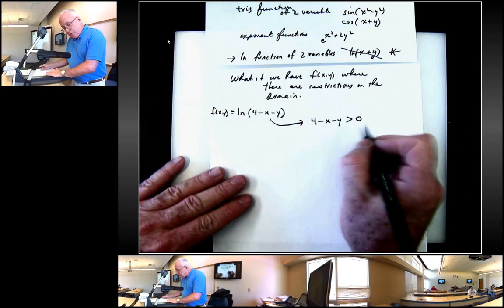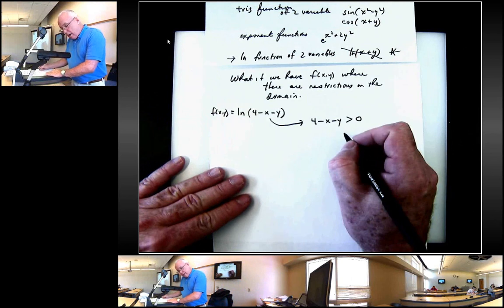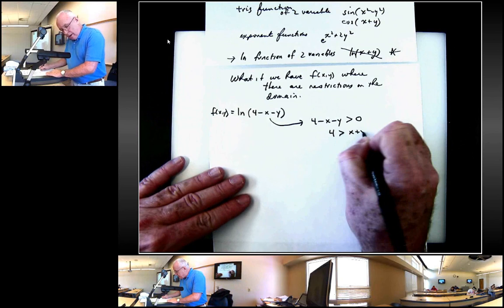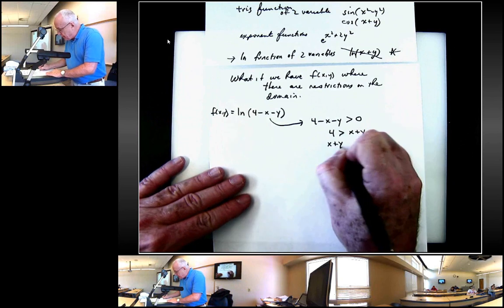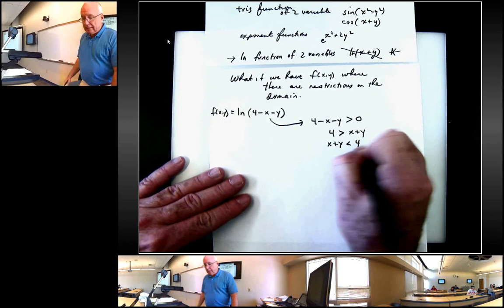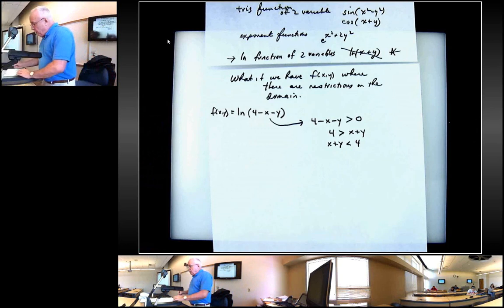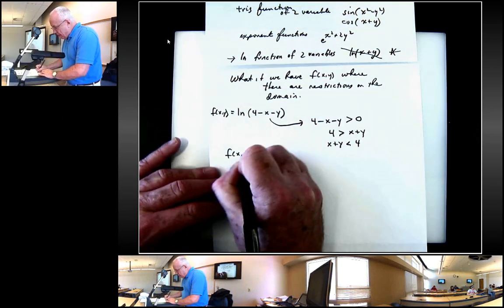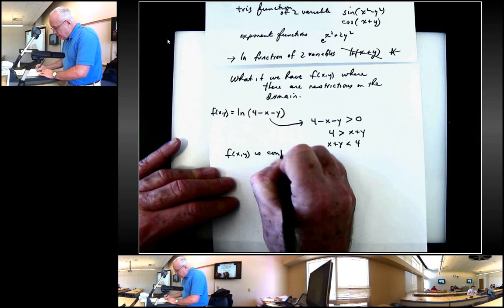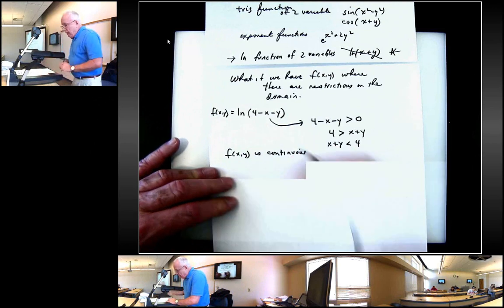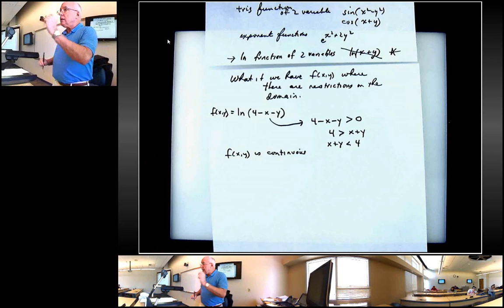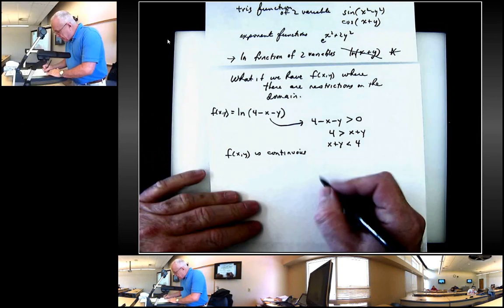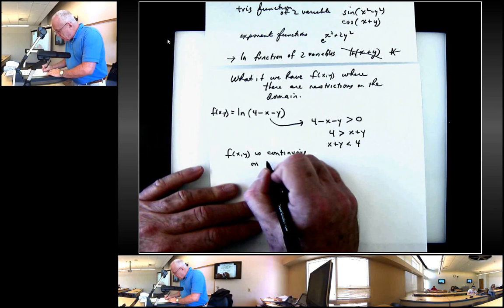So let's just do a little algebra here, adding x and y. Therefore, 4 has to be greater than x plus y, or in other words, put it the other way, x plus y has to be less than 4. So we can say here that this function f(x,y) is continuous as long as x plus y is less than 4. So we could say it's continuous on the ordered pairs.